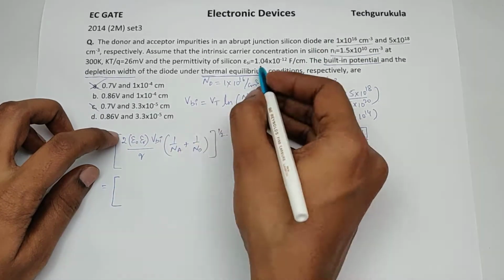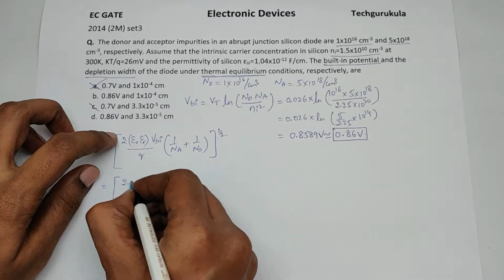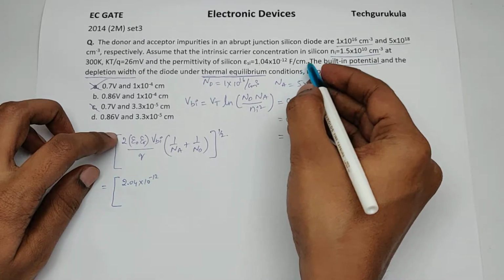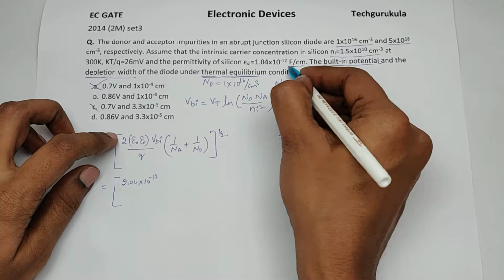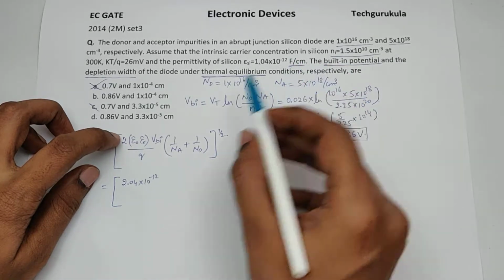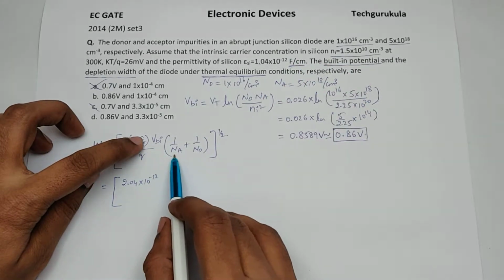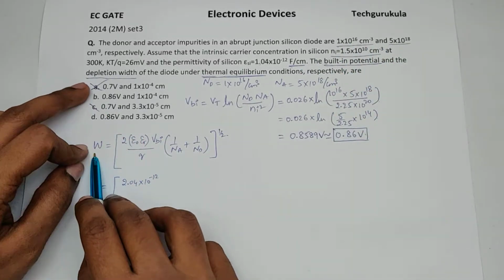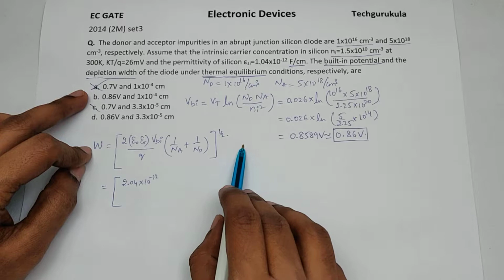So 2 times that is 2.08 times 10 power minus 12 farad per centimeter. Let's not forget the units here. When this is per centimeter, we have to make sure NA and ND are also per centimeter. Of course they are, so that the entire depletion width at the end will become in centimeters.